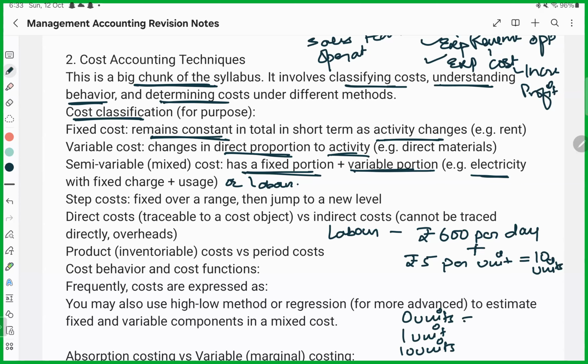If the company is manufacturing 0 units, the company has to pay labor of rupees 600, because irrespective of any production happening or not happening, the company has to pay labor 600 for that particular day. If the company manufactures 1 unit, the company has to pay rupees 600 plus rupees 5. That is 605.